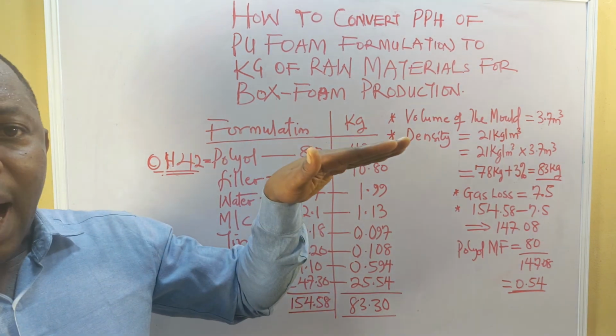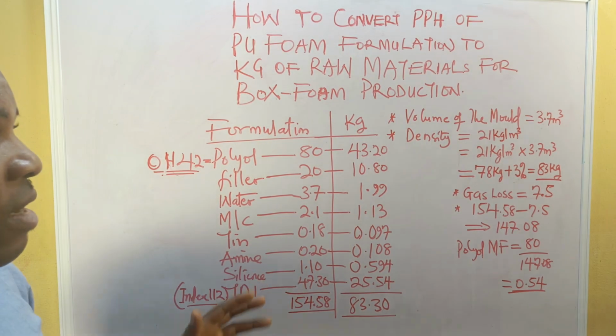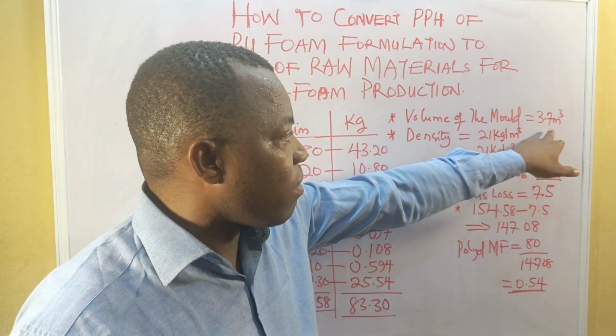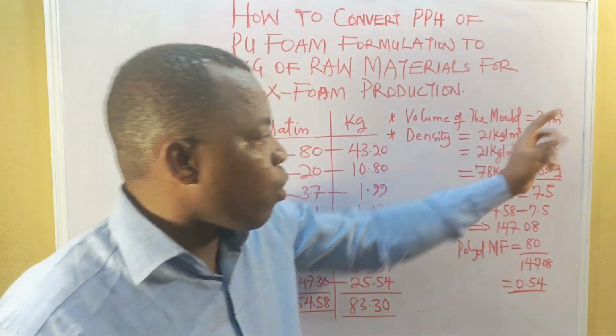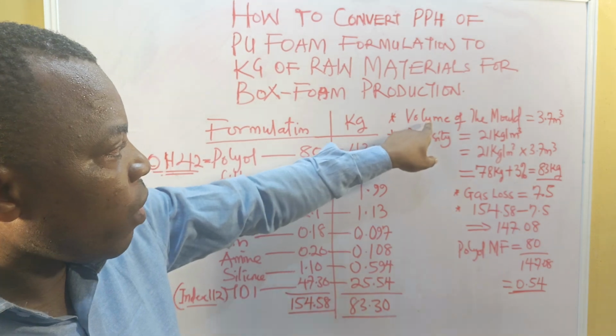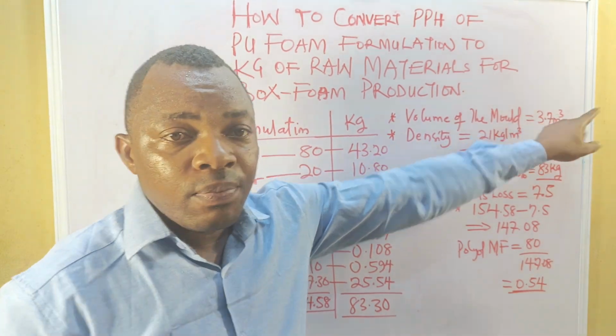Then depending on your height that you want, when you measure this in inches, you then convert it to meters, then you have 3.7. This is just an example. We are assuming that this formulation is going to be used in this mold volume of 3.7 meter cube.